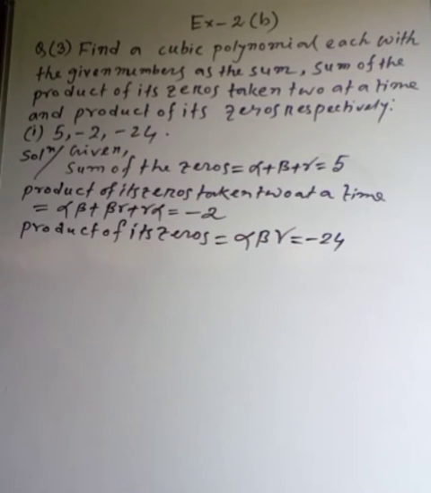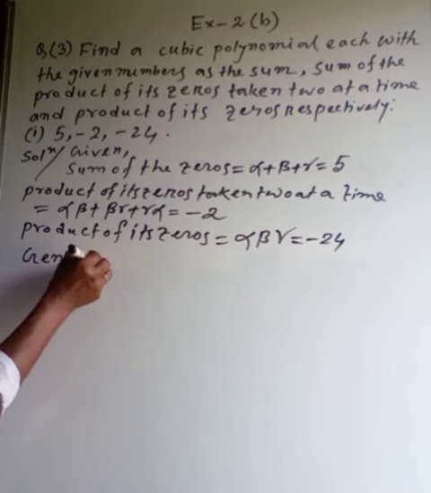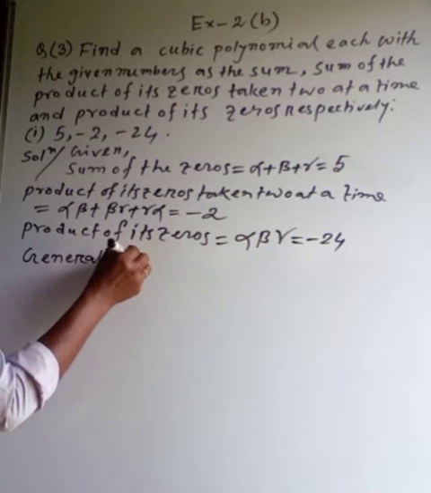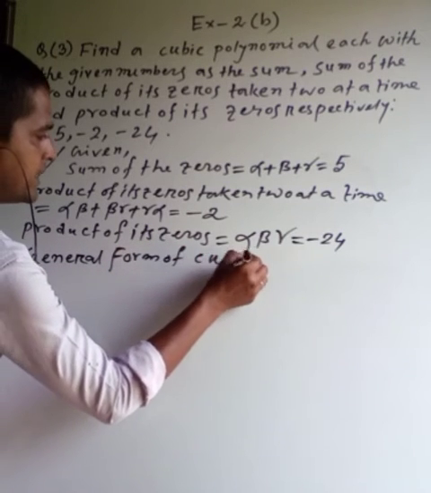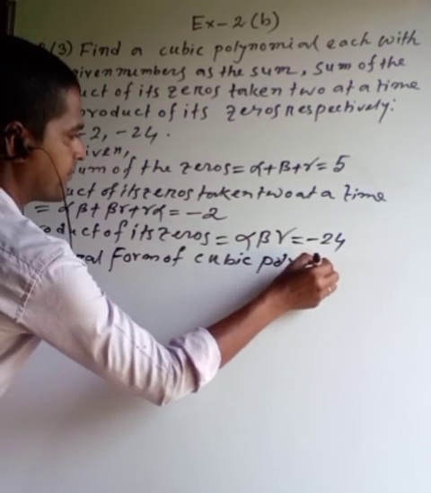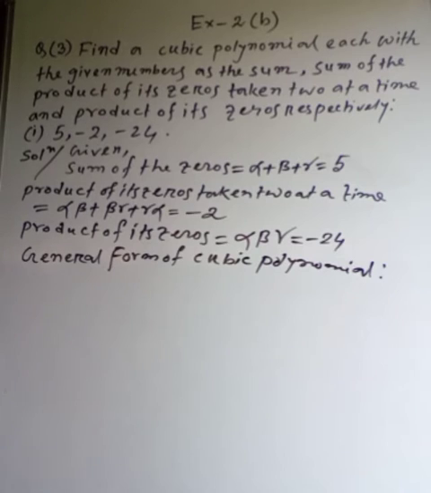And also from the last class we have learned the general form of a cubic polynomial. Already we have learned this. What we have learned?